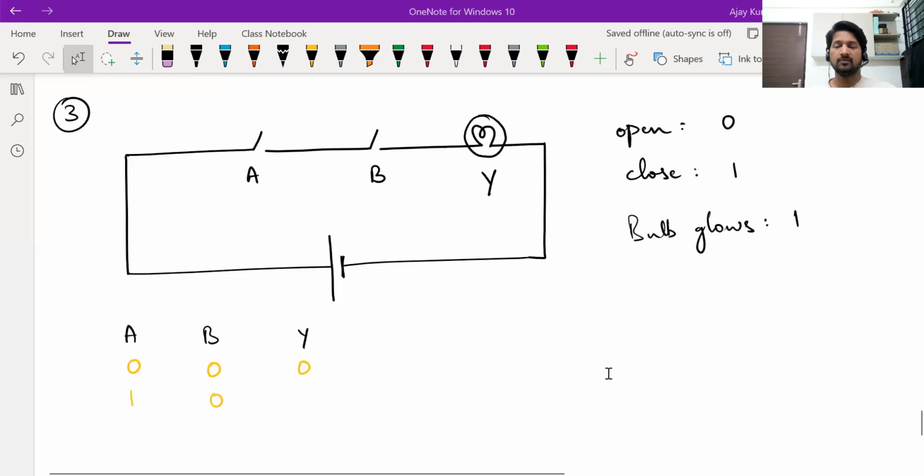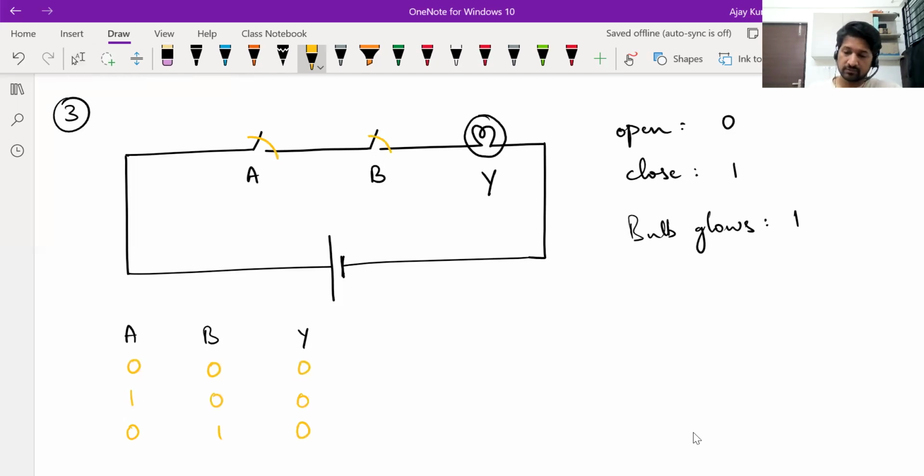Switch A is closed but B is kept open. What happens to the bulb? It doesn't glow, the circuit is open. When only one switch is closed, that's not enough for current to flow. So the bulb does not glow. The output is still 0. Similarly, when A is 0, B is 1, the output will also be 0.